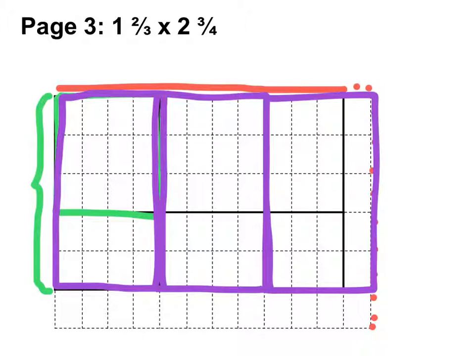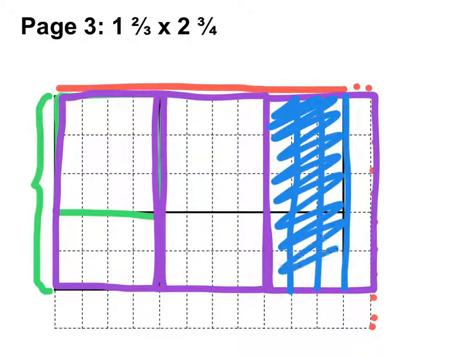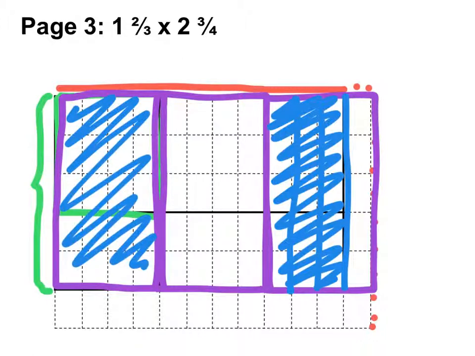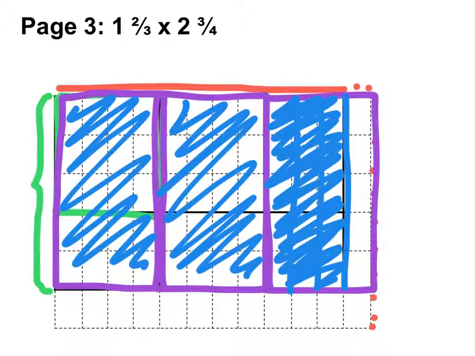So if I wanted 3/4 of that, then I'm going to break that up into 4 equal parts. 1, 2, 3, 4. And then I'm going to take 3 of those parts. So I'm going to take all 3 of these. So that's why my bold line ended up where it was. So here is 1 2/3. Here's a second 1 2/3, and then here is 3/4 of 1 2/3.